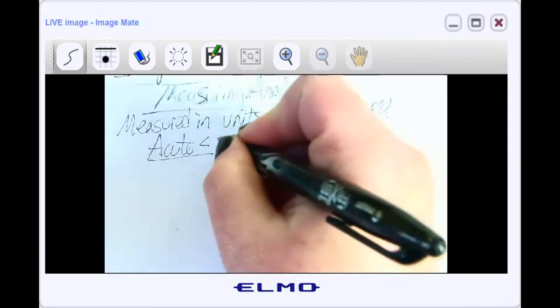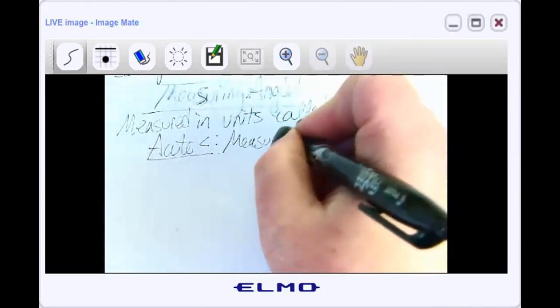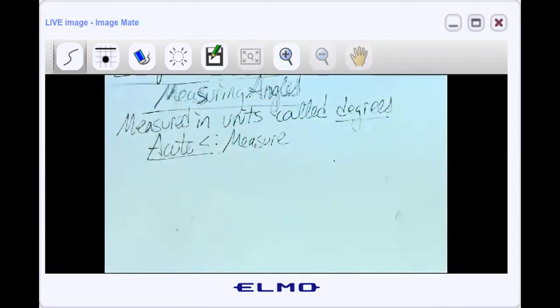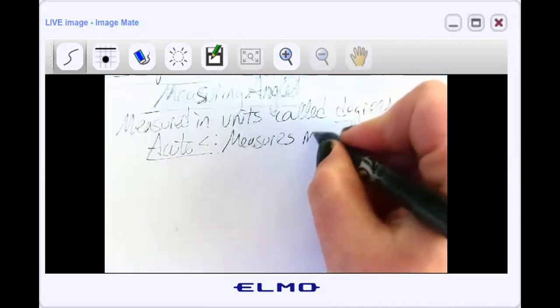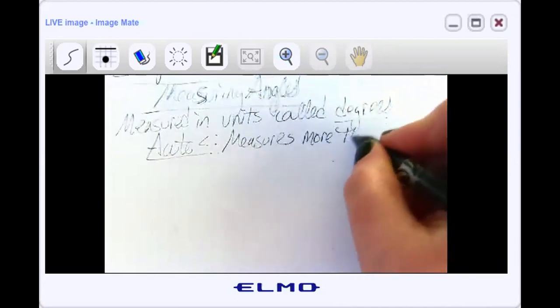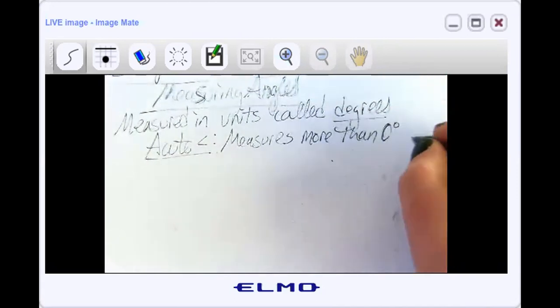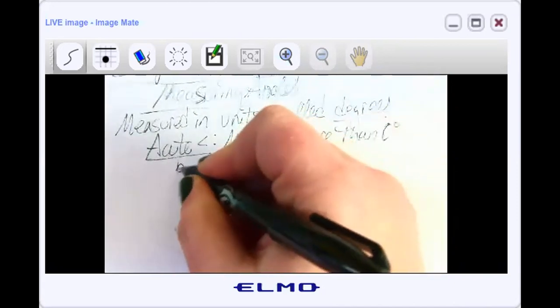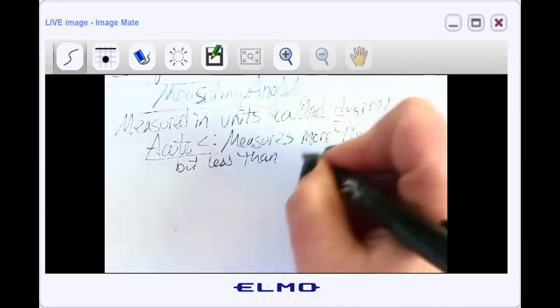Anybody remember? What's the measure have to be on an acute angle? It's more than 0 and less than what? 90 degrees. Yes, less than 90. Correct. Thank you.